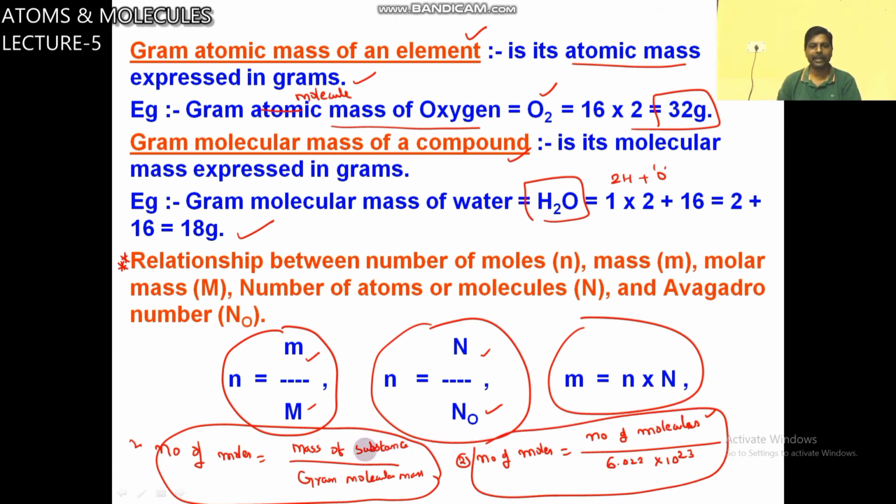If mass is given, you can calculate moles. If moles are given and they ask for mass, this formula is only reversed: mass is equal to number of moles into gram molecular mass.